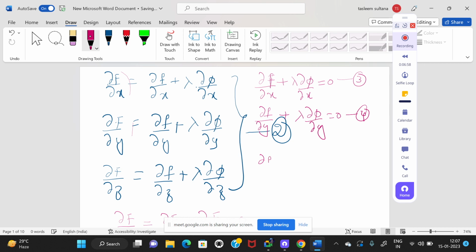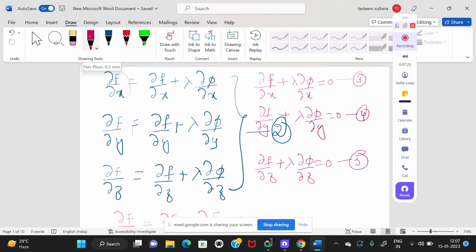Then dou f by dou z plus lambda dou phi by dou z is equal to 0, equation number 5. With the help of these equations, we get the lambda value. After getting it, you substitute back to get the values of x, y, and z.